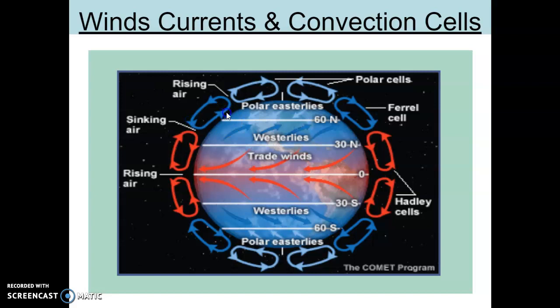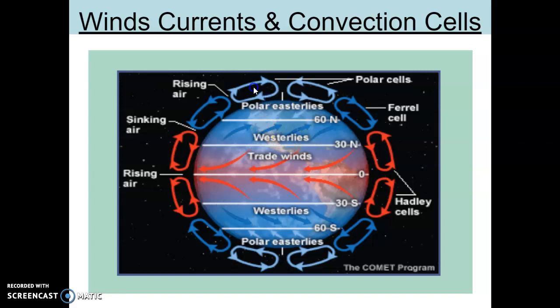So here, about 60 degrees, it rises, comes back up, and then it comes back down. And at about 40 degrees north, it starts to sink again. So we have this movement in the Ferrel cells, and we have the westerly winds in this area.